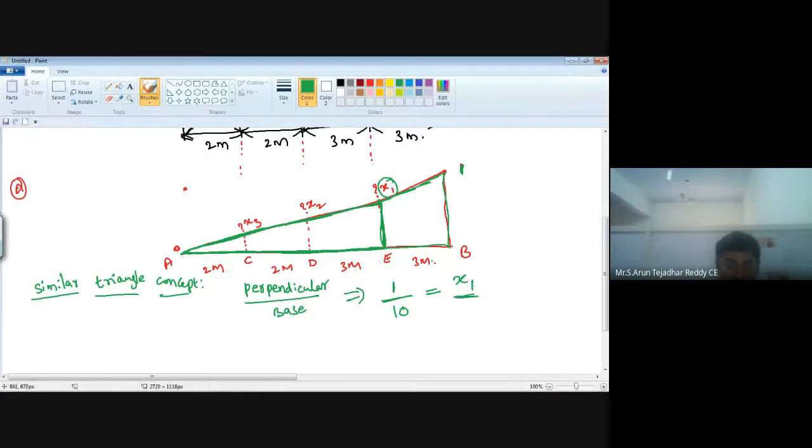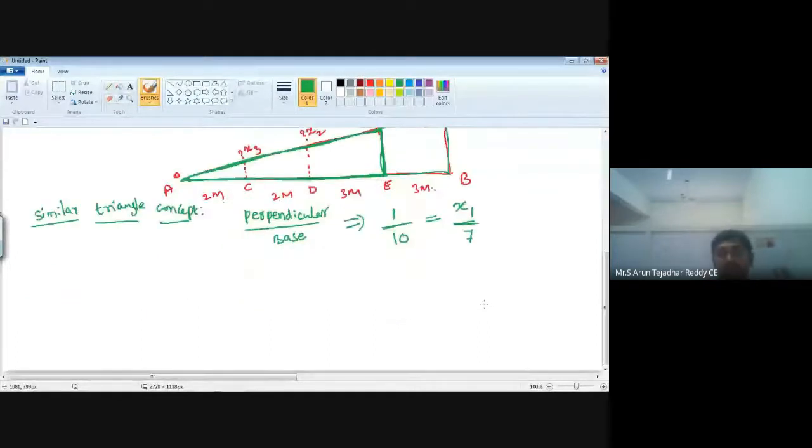Base is A to E only: 2 plus 2 plus 3, that is 7. Now from this, x1 is equal to 7 by 10, where x1 is equal to 0.7.